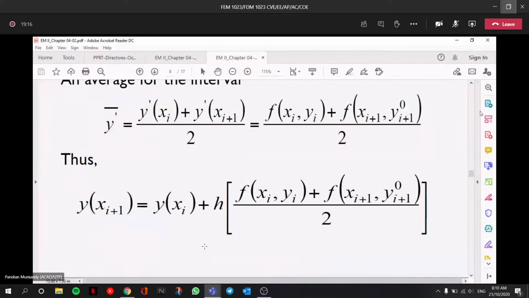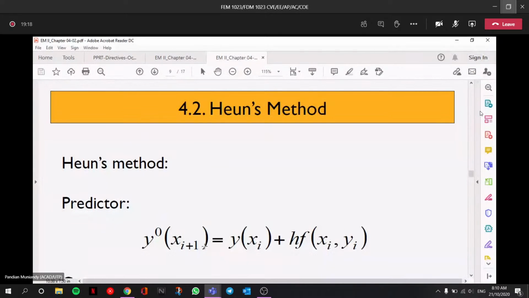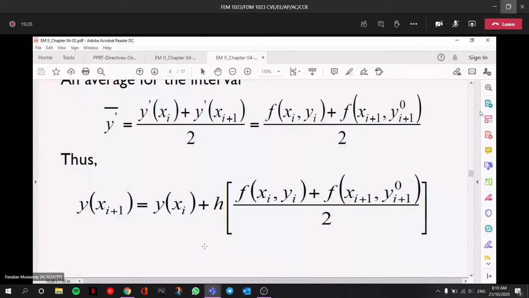Now, in order to understand this, we have to solve the problem. That is where you have to spend a lot of time. You have to practice using a calculator.